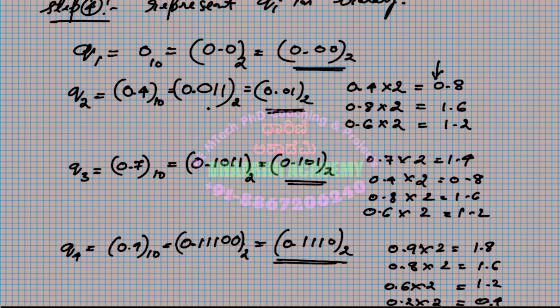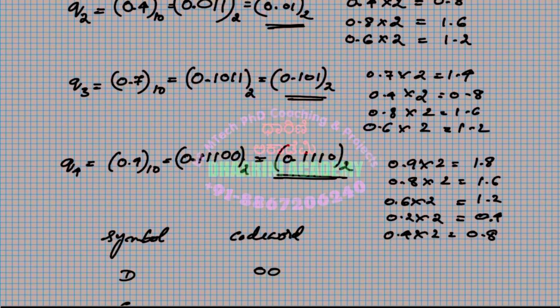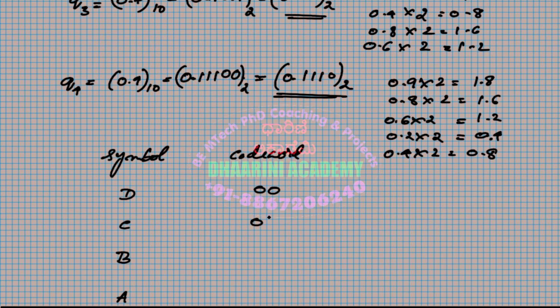The second one is 01. So the code word for B will be 101. We expect the length 3, and A will have length 4, 1110. So this is the final answer for this particular problem.